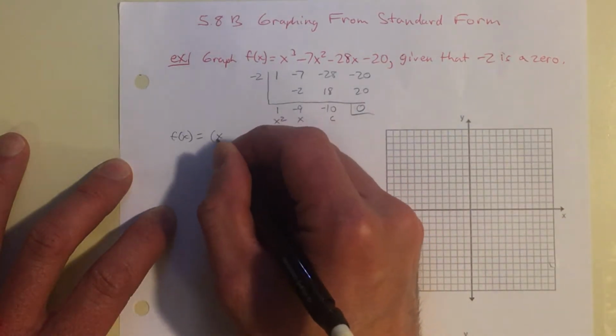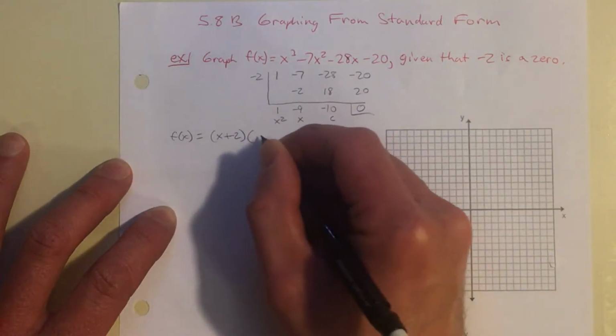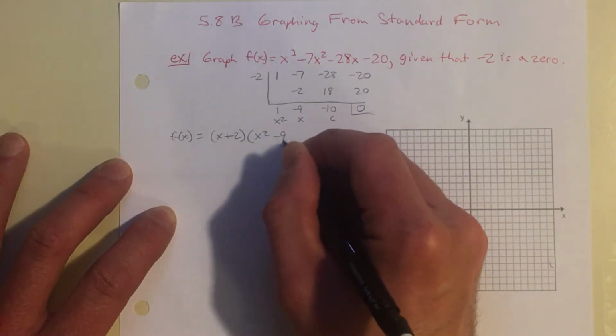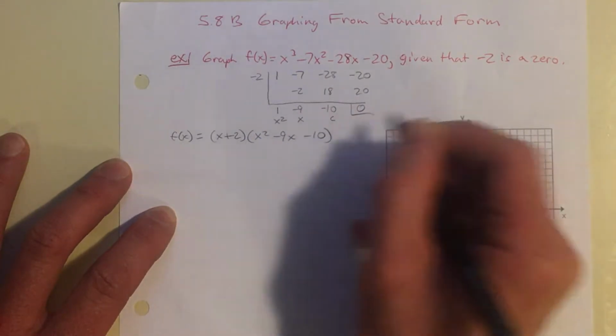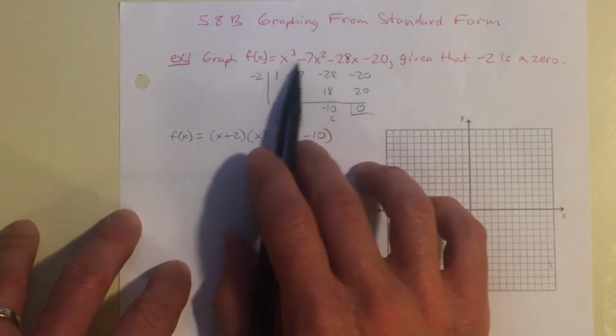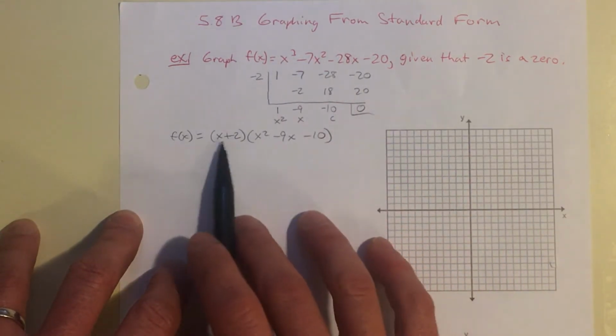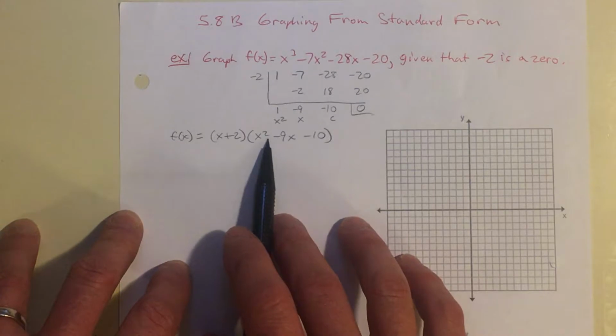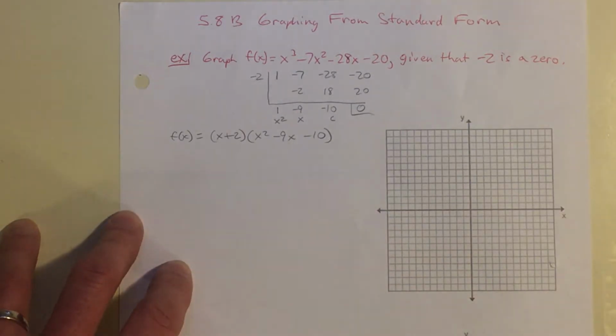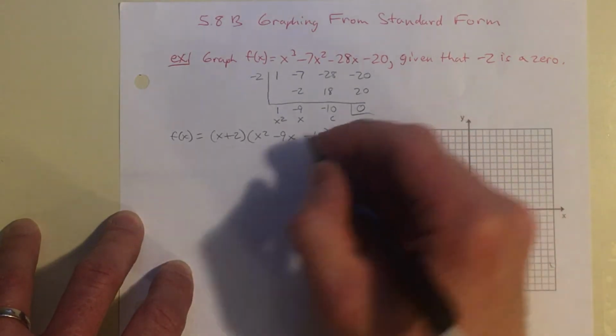So we're going to write x plus 2 times x squared minus 9x minus 10. So we've started factoring here. This turns out x plus 2 is a factor, leaving behind this quadratic. Well, it's not completely factored yet, so we want to keep moving.